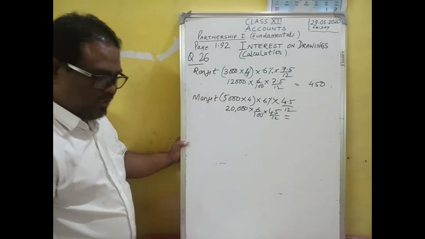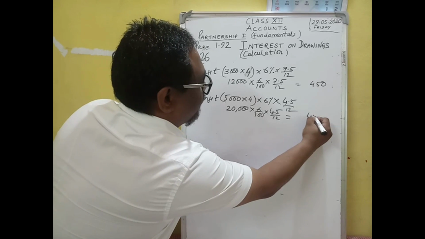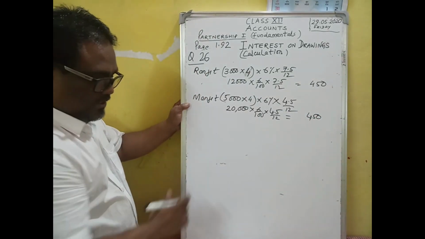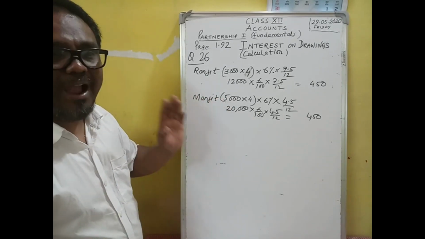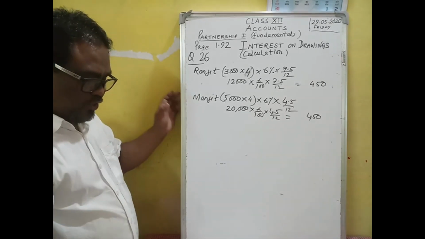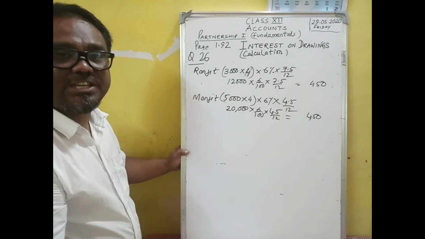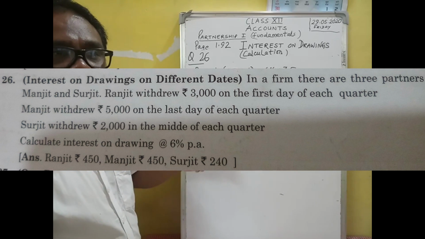So here you will get 450. So this is for Manjit. Manjit withdrew 5,000 on the last day of each quarter, so we have to assume it for 4.5 months.